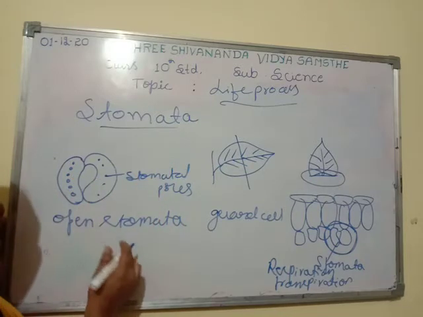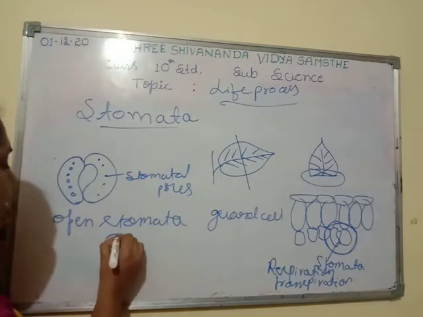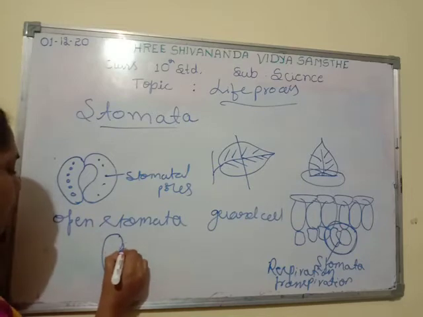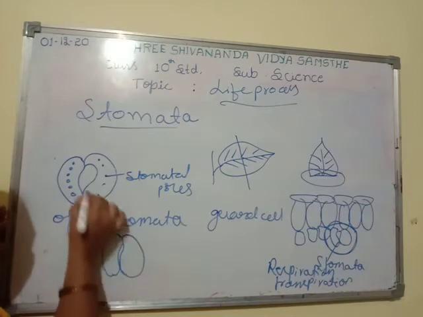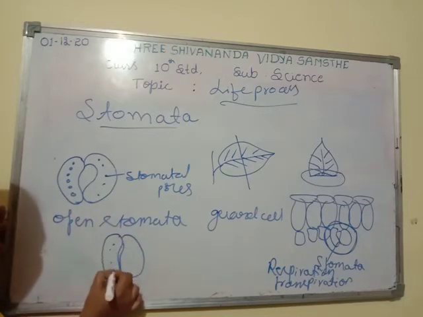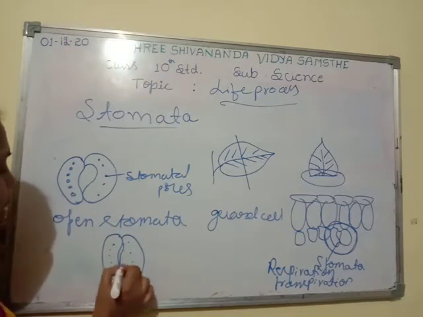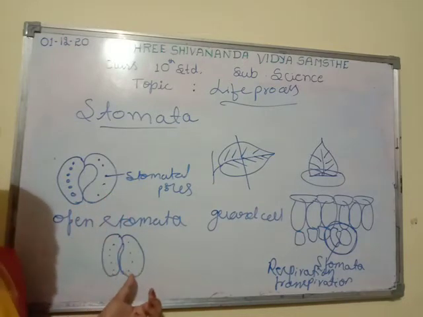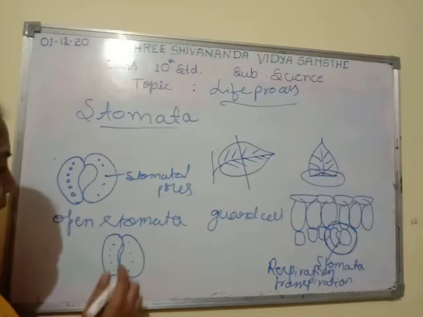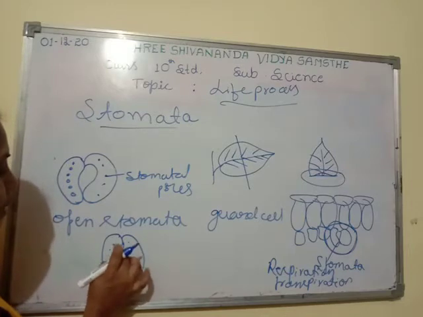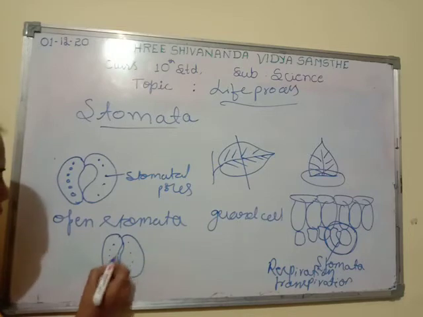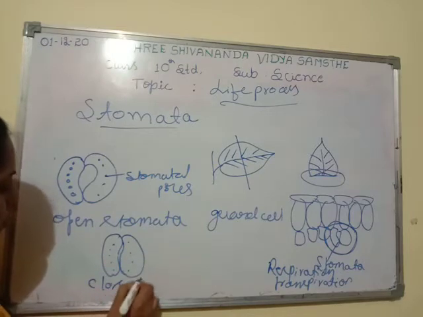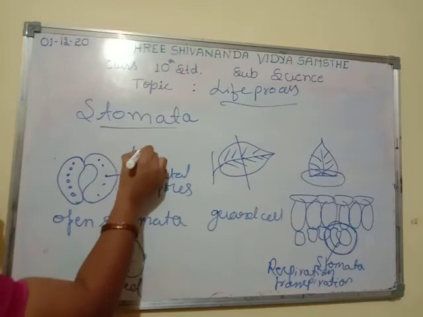This is the open type of stomata and this is the closed type of stomata. They have a lot of difference between them. Normally they look the same, but if you observe correctly, there is a lot of difference because the stomatal pore is closed here. So this is closed stomata and this is open stomata.